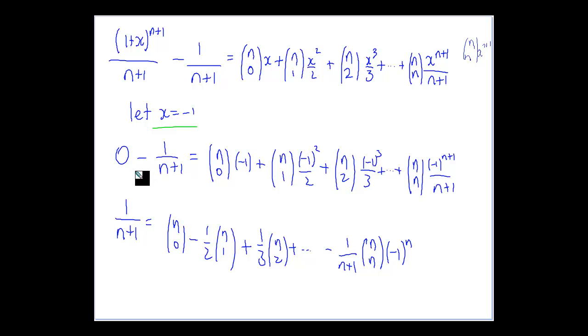We notice we've got a negative here, so multiply everything through by minus 1, and it's going to give us the positive nC0, then a minus half nC1, plus a third nC2, and so on through to minus 1 over n plus 1, which is the last one, nCn, and a 1 minus 1 to the power of n.